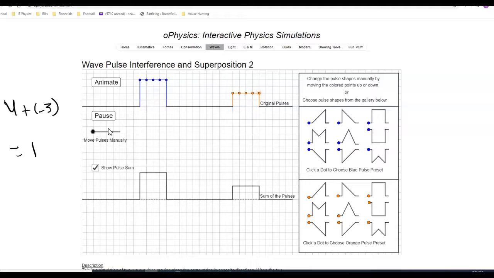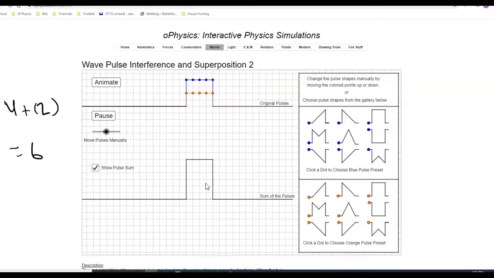And so when they overlap, I'm going to have 4 plus 2, which means that my new wave, while there's superposition going on and they occupy the same space, should have a size of 6, which is bigger than the two waves by themselves. Let's see if I get that. Here is when they completely overlap, and we see I get a new wave of size 6.